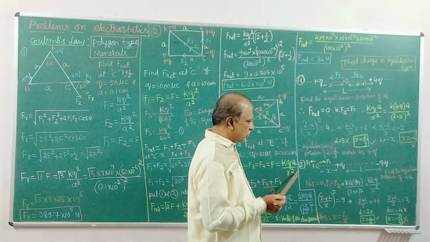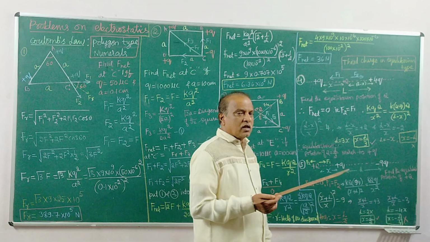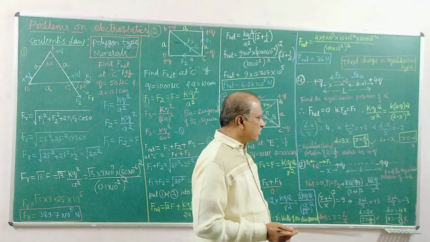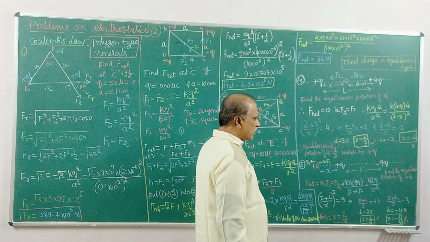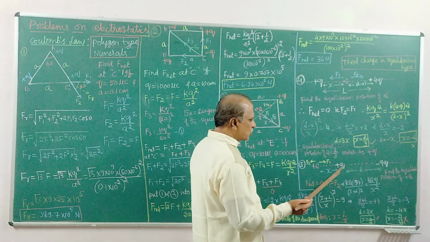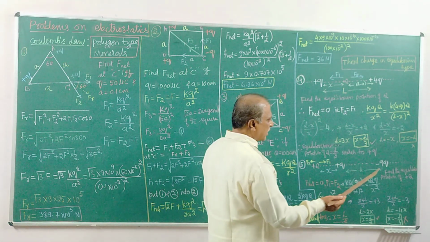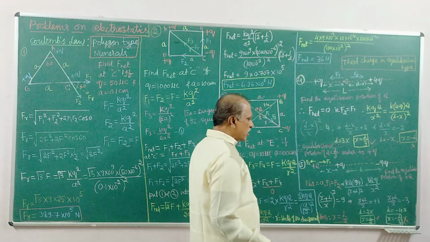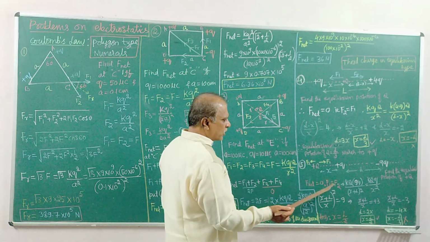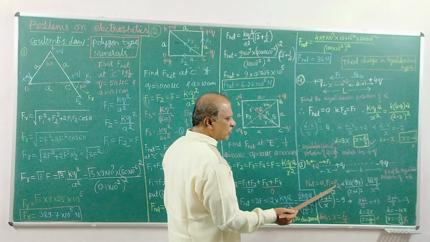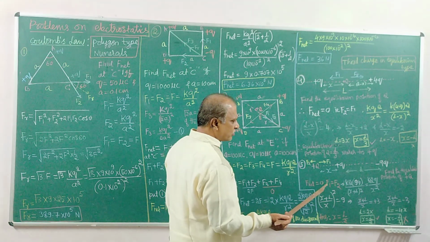Let us evaluate the equilibrium position in terms of L. L is the distance of separation between these two. Let us call this x between these two charges, and this is L. For equilibrium, the net force equals 0, F1 equals F2. What is F1?